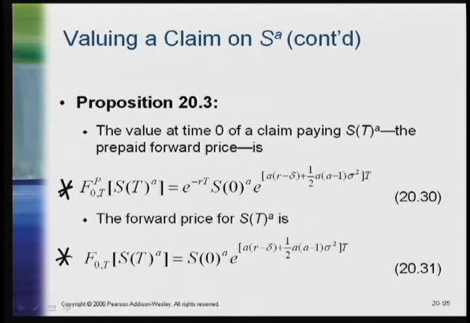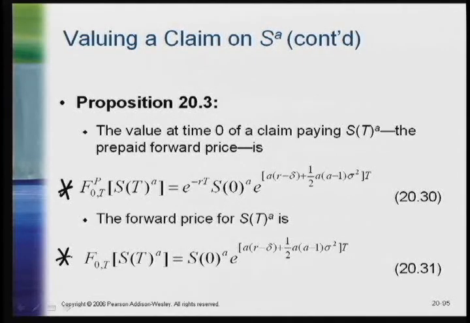And again, you recall the forward price is the price we would agree to today that would change hands at time t for delivery of S_t to the A power, whereas the prepaid forward price is the price that changes hands today in return for a promise of delivery of S_t to the A power at time t.